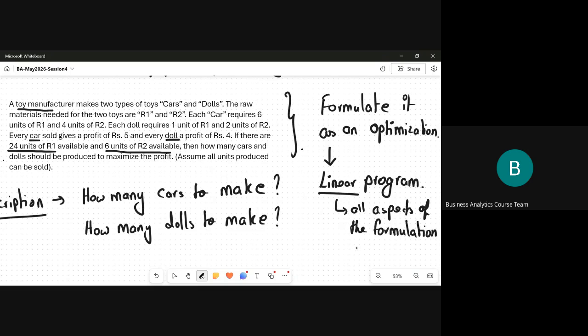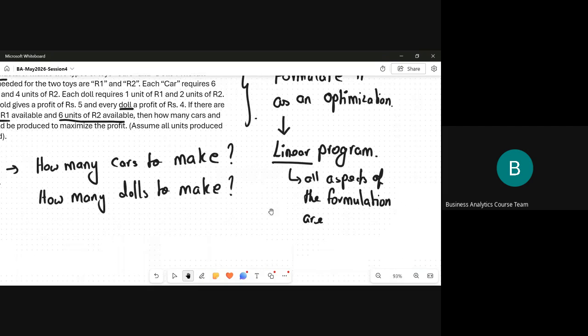All relationships of the formulation are linear, basically degree 1.